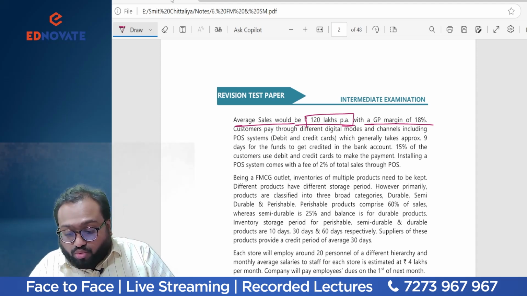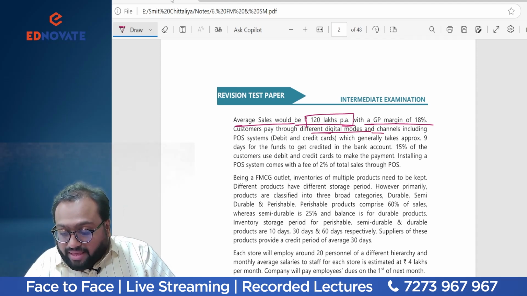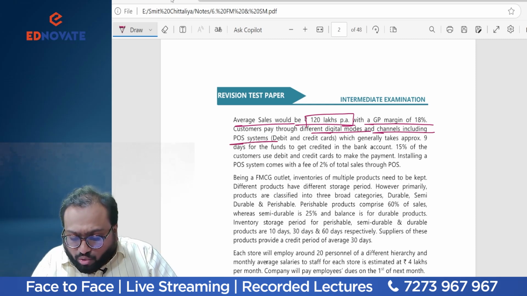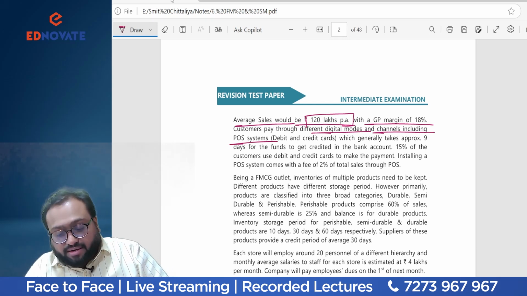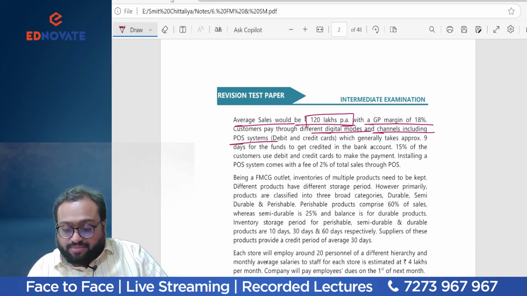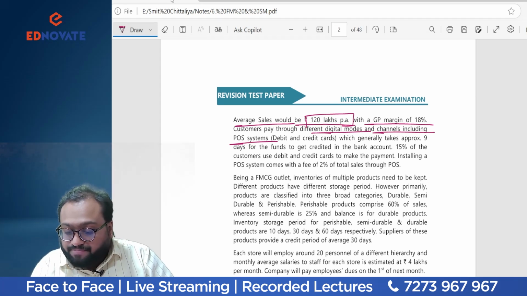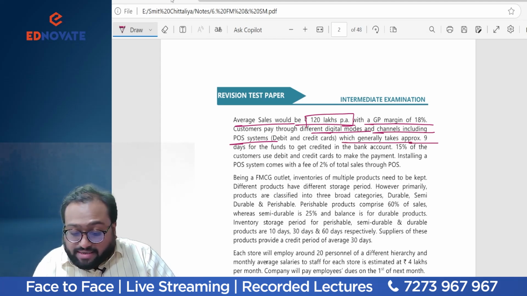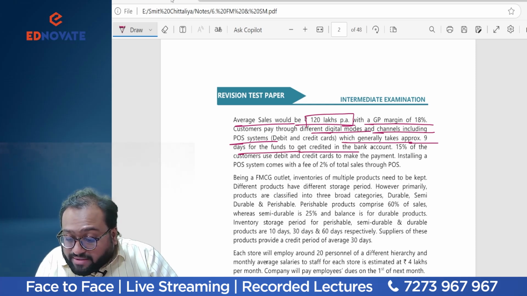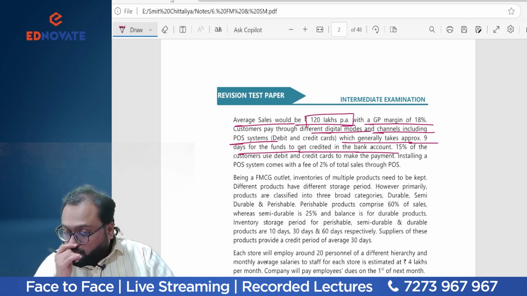Customers pay through different digital modes and channels, including a POS system. Now, what is POS? Debit card and credit card. Customers have the option of swiping their credit or debit cards, which generally takes approximately 9 days for funds to get credited in the bank account.